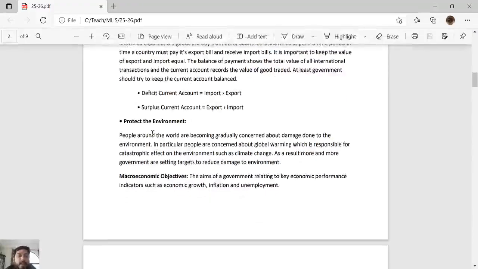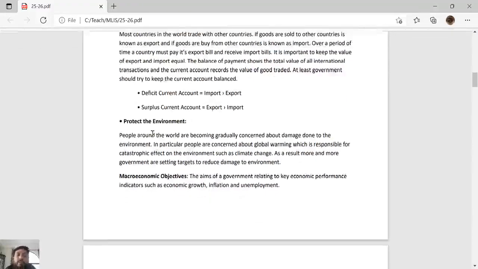Next is protecting the environment. This is comparatively a new topic, because environmental protection is very important nowadays. The environment and the economy have an inverse relationship.